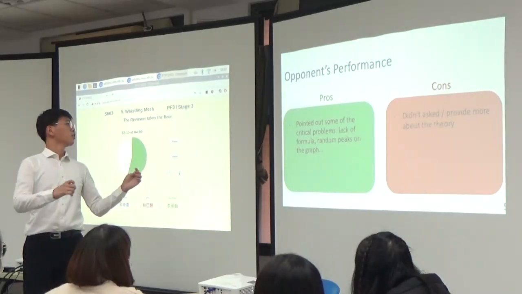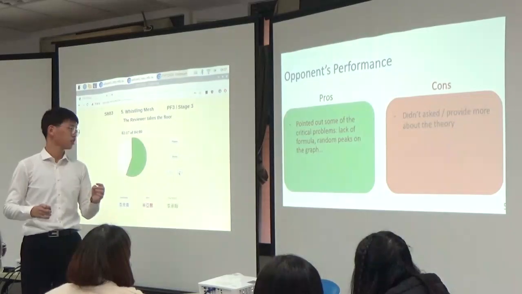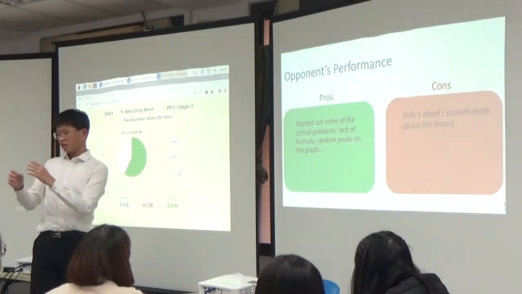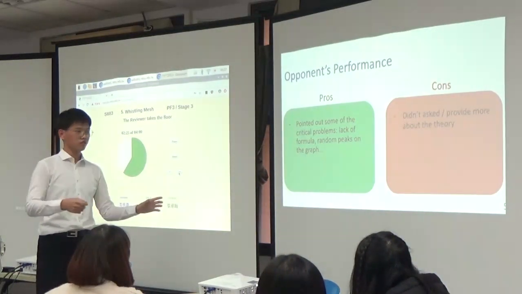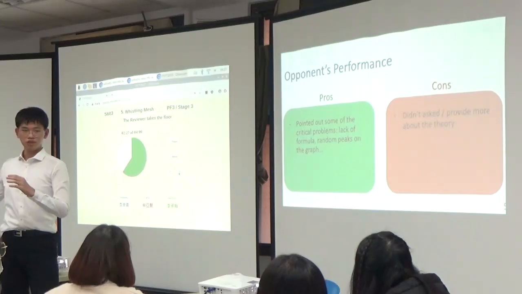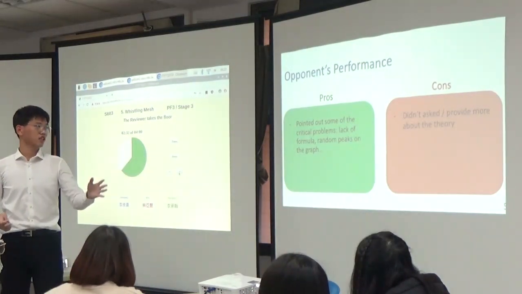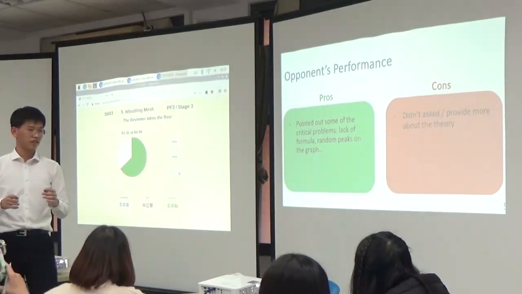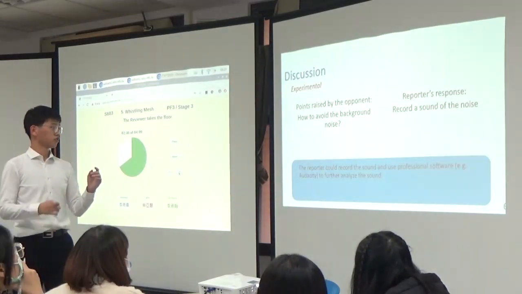For the opponent's performance, they pointed out some critical problems, like a lack of formula, and the graph shows random peaks, and the reporter said that it's because of the background noise. And they didn't ask them to provide more about the theory, like how it will affect the characteristics of the sound. And here's the discussion part.